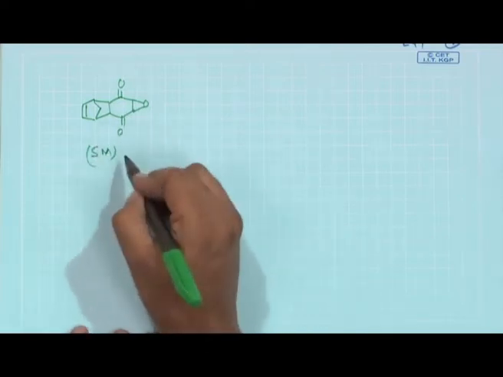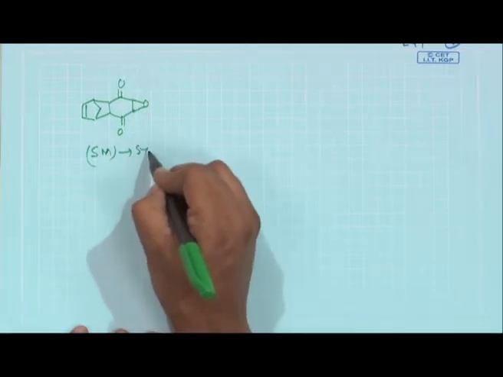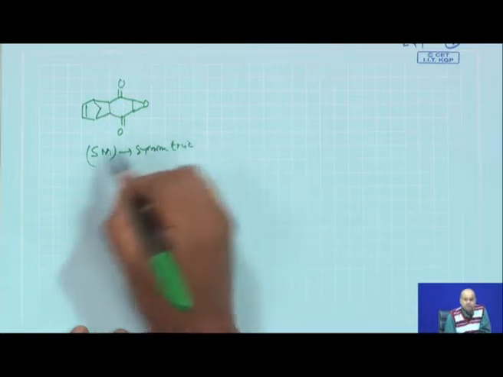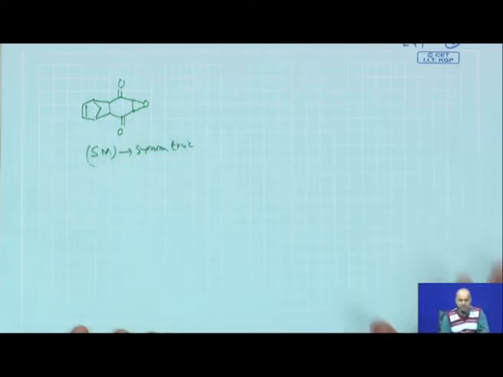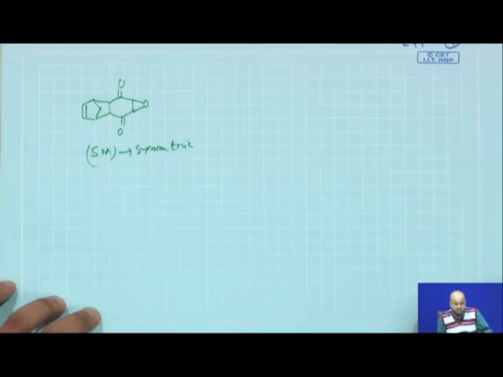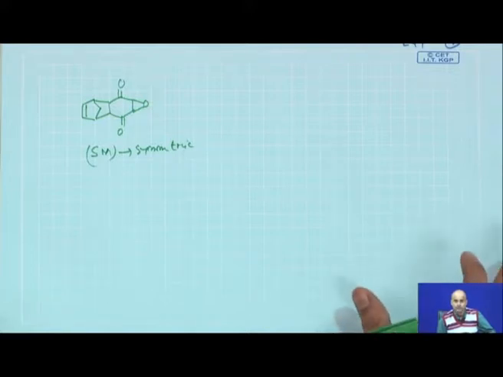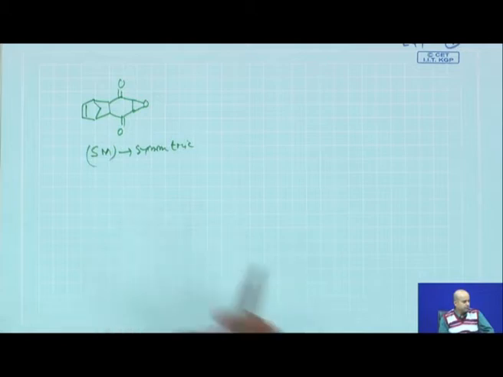This is a symmetrical molecule. Now, in principle, as I said, you can do a single step transformation, you can do a multiple step transformation. But sometimes if a very key, unique transformation is available which people often use, we will try to use those transformations.